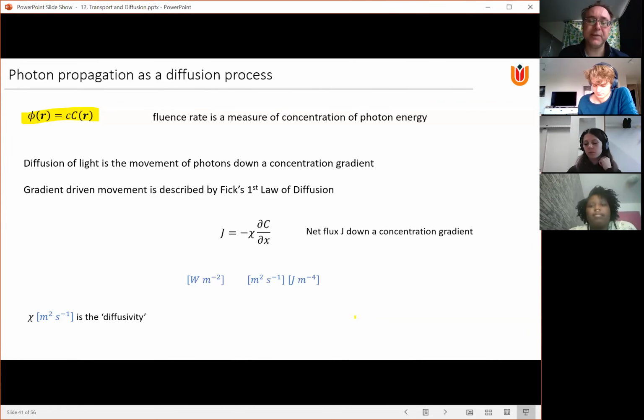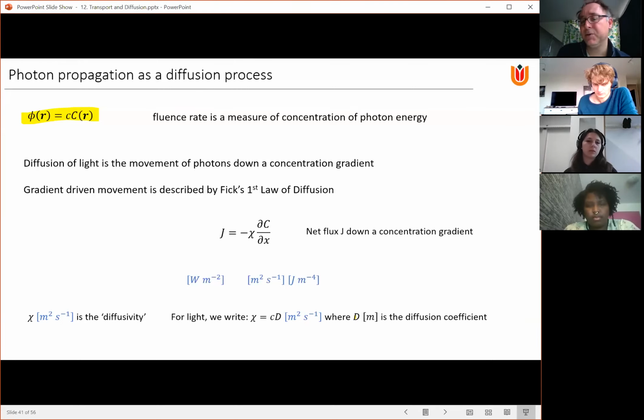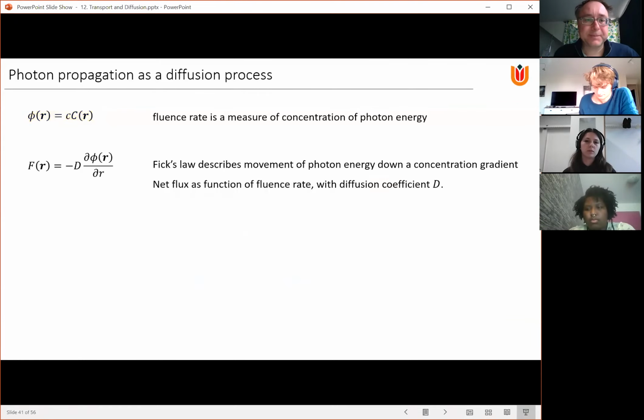That's called the diffusivity. What we can do for light is include the speed of light in that. That allows us to define a factor D, a diffusion coefficient, which then has units of length, meter.